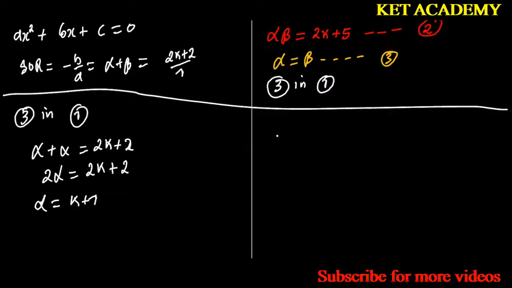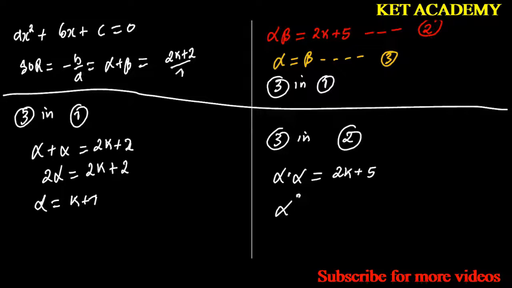Now if we take equation 3 in equation 2, we are going to have alpha times alpha equal to 2k plus 5, which means that alpha squared should be 2k plus 5.